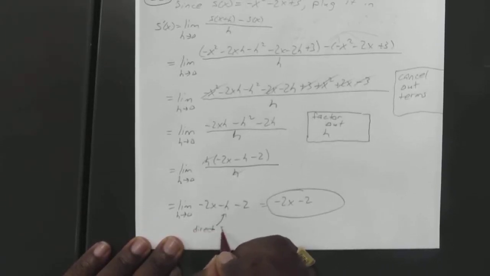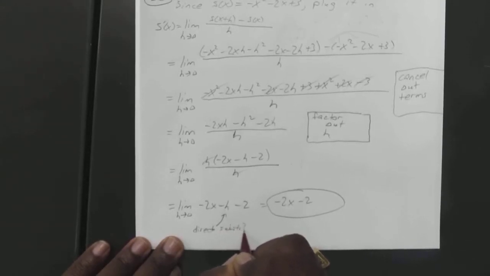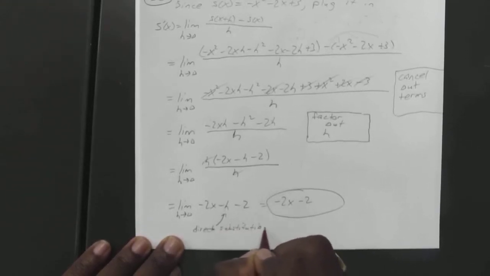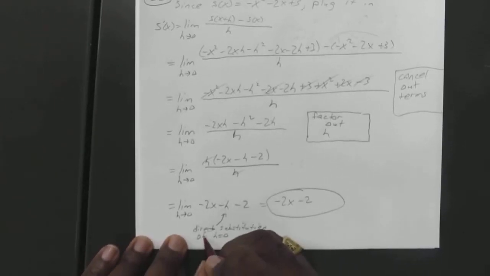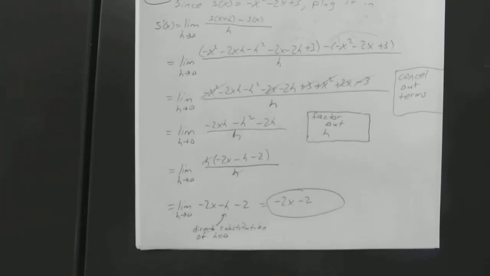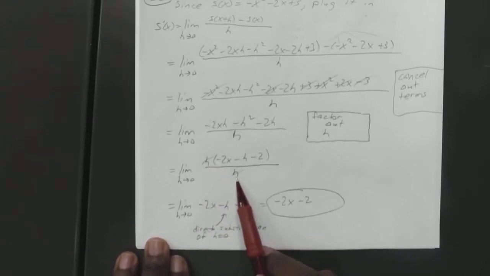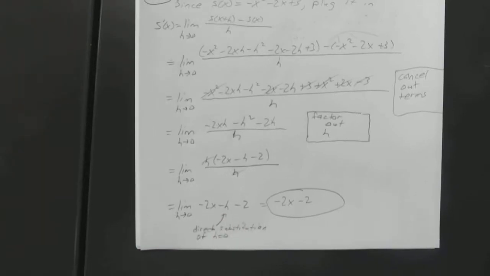So direct substitution of h equals 0. The negative 2x minus 2, that's h. Oh no, your h is just whatever h is left after you cancel out. That's the one you're going to plug in. So once you plug in the h here, whatever's left will be your limit definition, or your derivative.